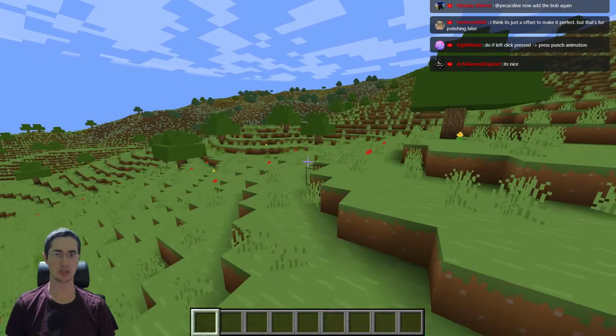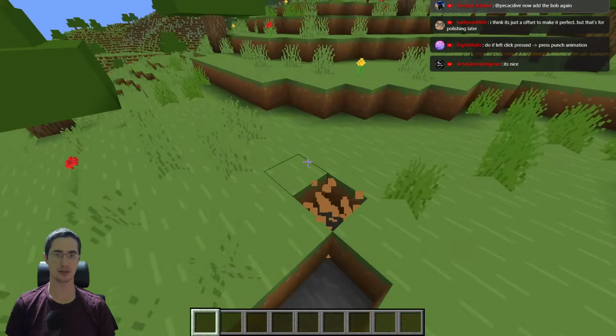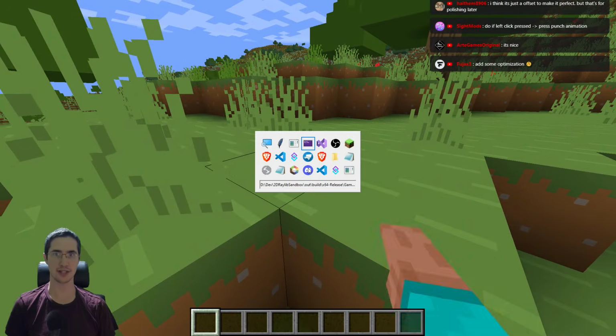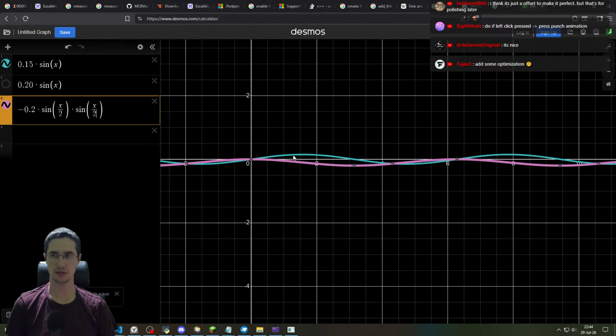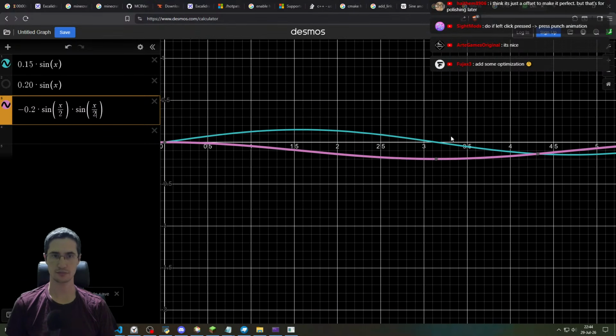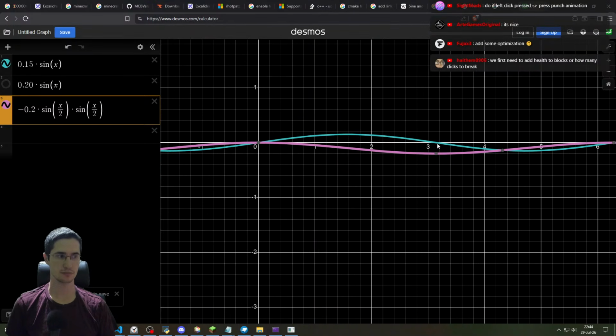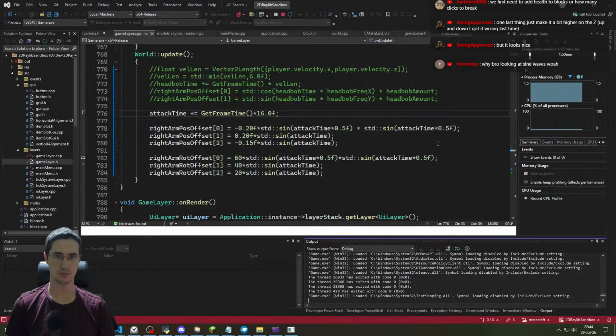And how long does the animation last? How long is a full cycle?